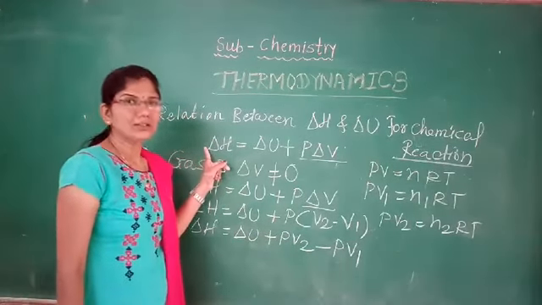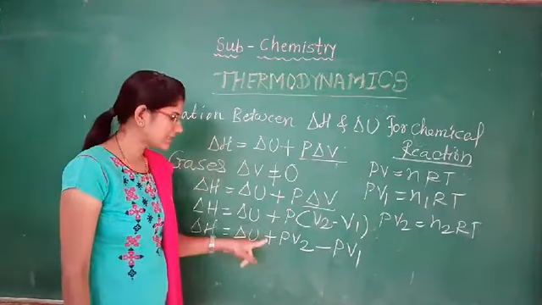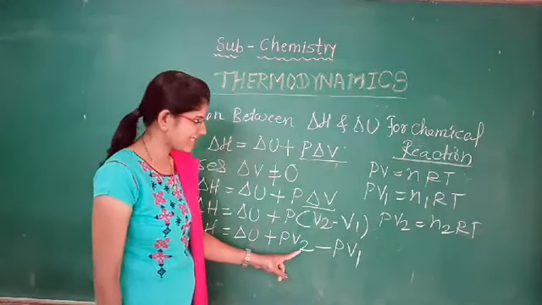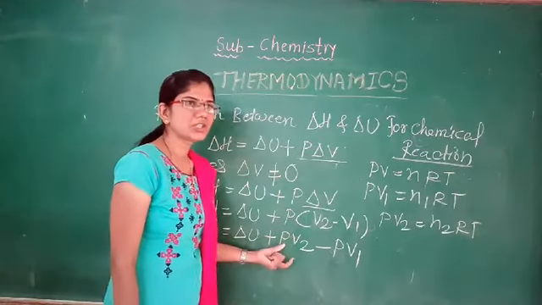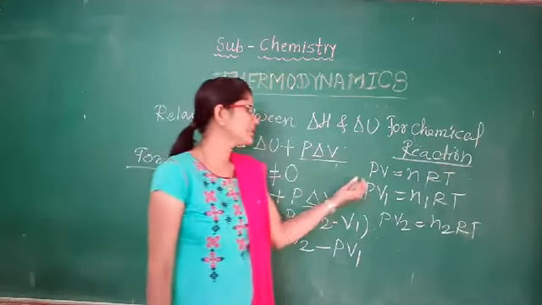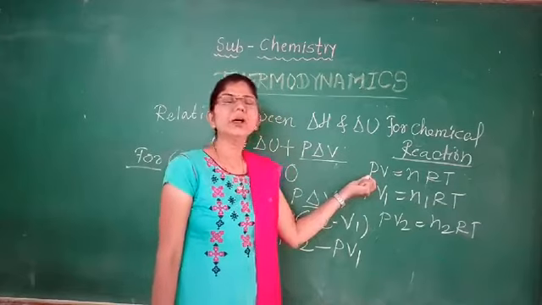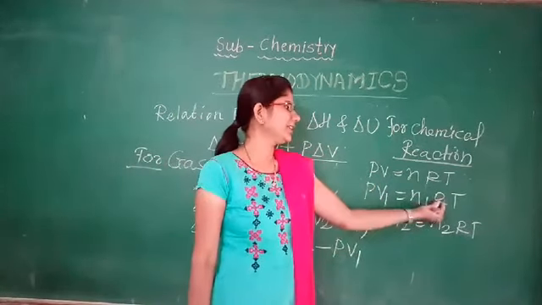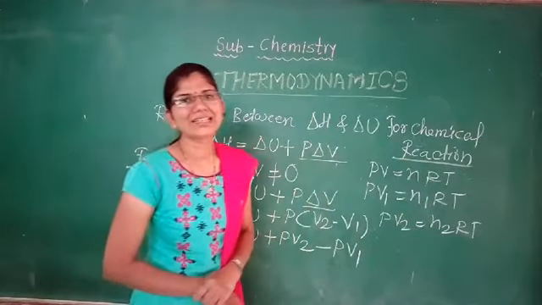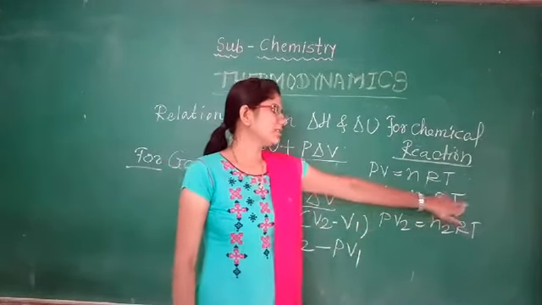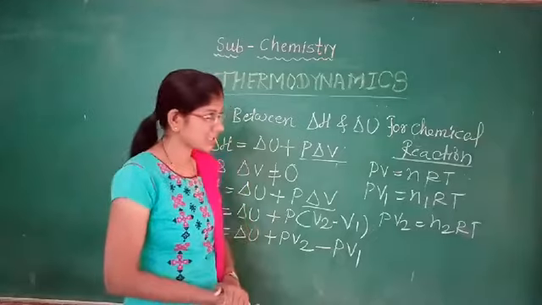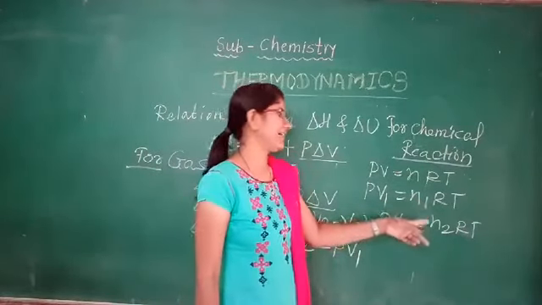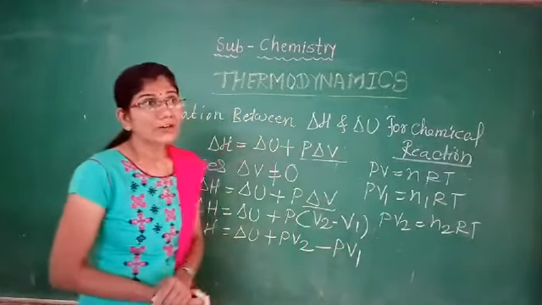This is the change in enthalpy at a constant pressure, and there is a considerable change in the volume for the gaseous reaction, and therefore this change in volume in terms of the number of moles is written according to the ideal gas equation as P1 V1 equal to N1 RT, where R and T are the gas constant and temperature of the system respectively, N1 is the number of moles for the initial state and N2 is the number of moles for the final state.